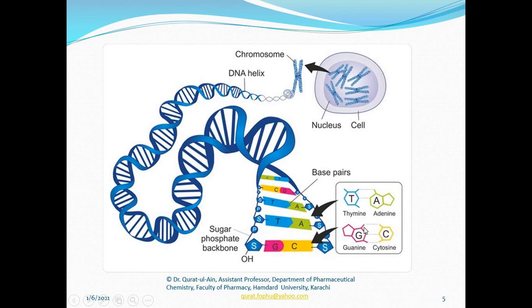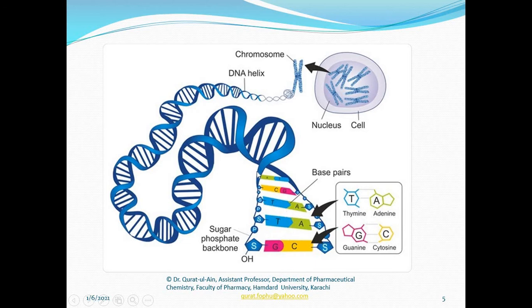This is the rule: thymine always bonds with adenine, and guanine always bonds with cytosine. So wherever we find guanine, we will find cytosine across from it, and wherever we find thymine, we will find adenine across from it. We can see that here.